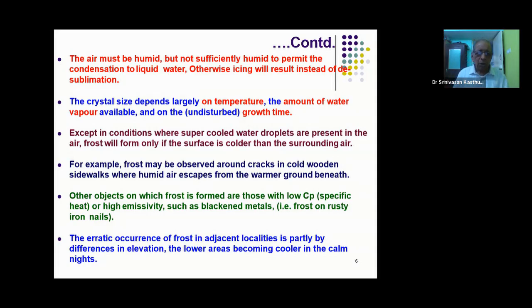Frost normally forms if the surface is colder than the surrounding air. So we are not having any supercooled water droplets. Since such cases do not exist, normally you have frost forming directly on the surface, which is colder than the surrounding air.